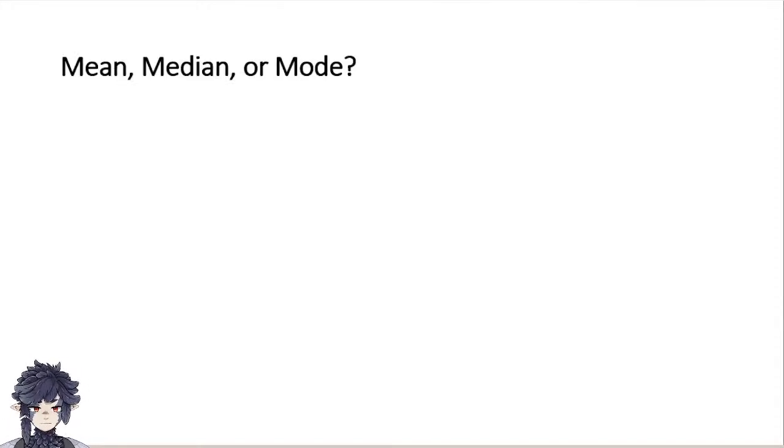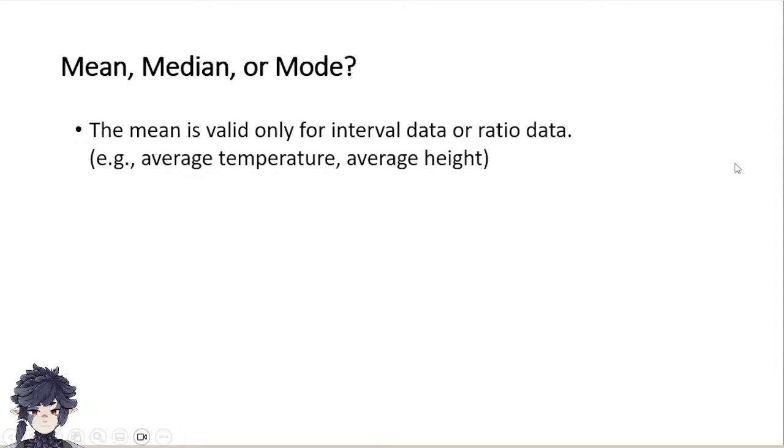So let's say you've got some data that you're trying to summarize and you need to pick. Should I use the mean, the median, or the mode? Well, that's a question. There's a couple of considerations. For example, technically speaking, the mean, the average, you should only ever use this for interval or ratio data. So data that has an order to it and also the units are all the same size.